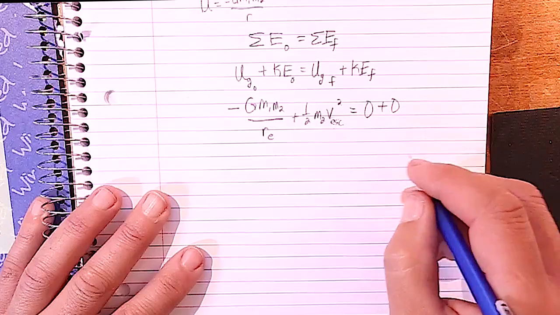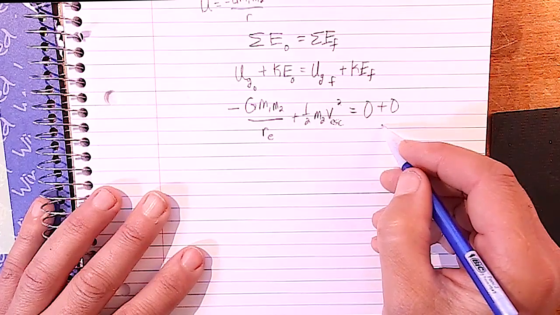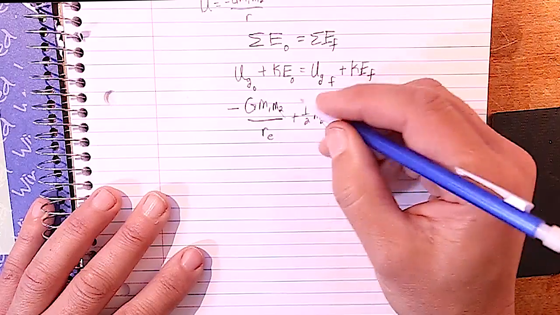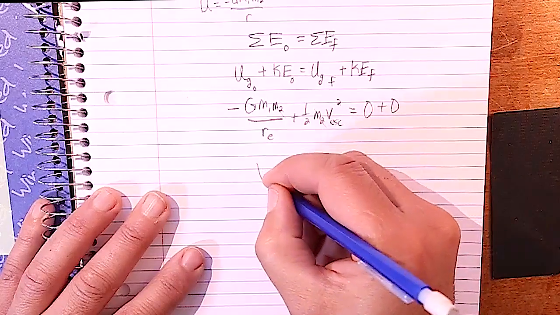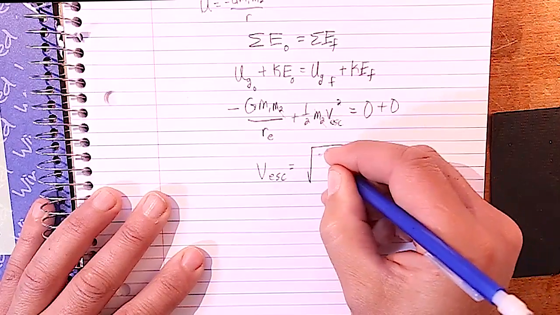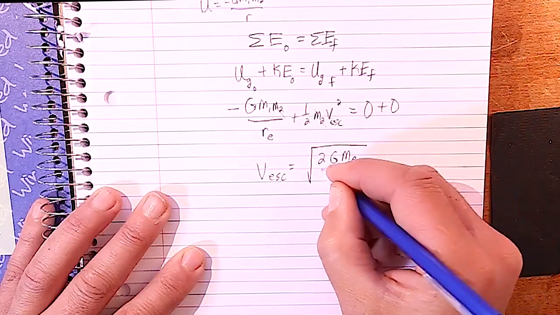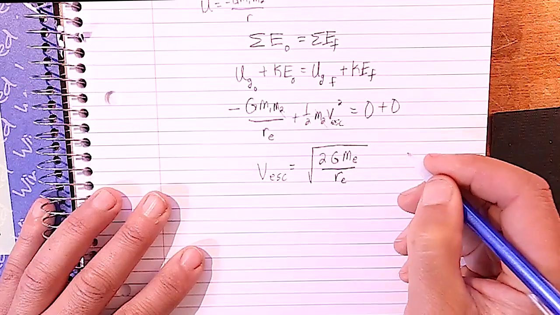And if we rearrange this, we can bring it over to the other side. Our m2's will end up canceling, and we'll be left with m1, which will be the mass of the planet. So our escape velocity becomes the square root of 2G, mass of the planet, I'm going to say Earth in this case, over the radius of the planet, in this case, the radius of Earth.